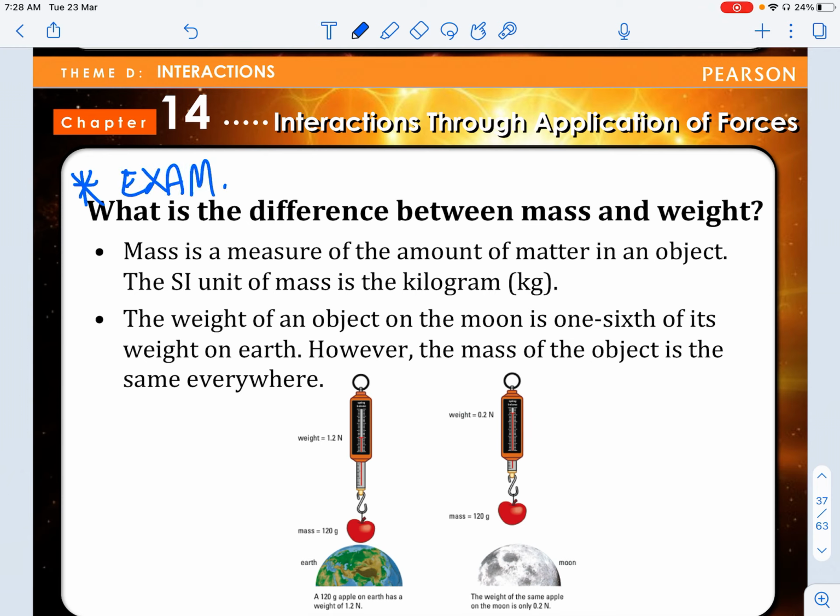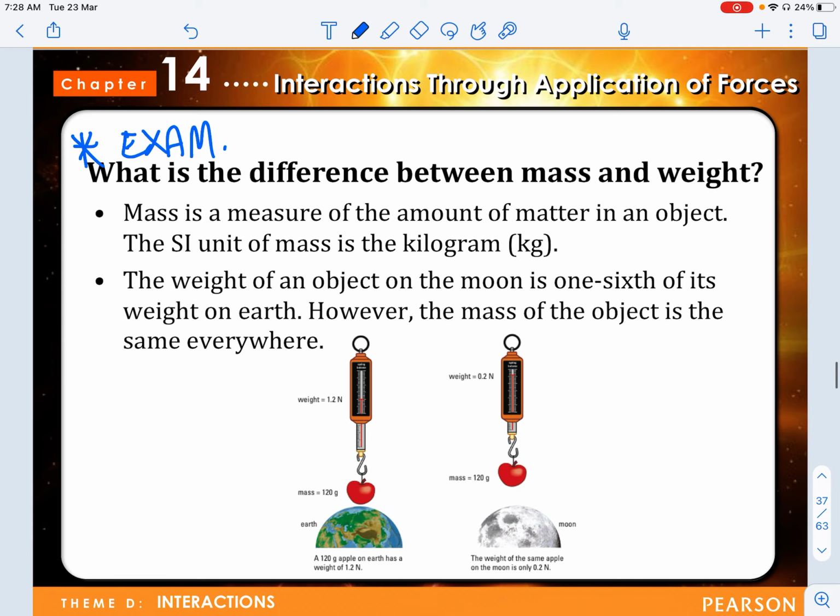What is the difference between mass and weight? Mass is a measure of the amount of matter in an object, and the SI unit of mass is the kilogram. So the mass definition is just in kg, and on top of that it is the amount of matter in an object.